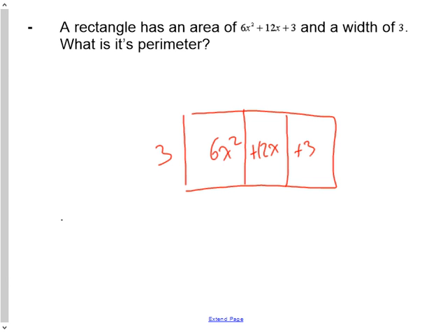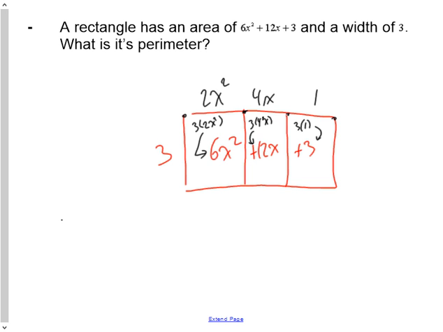If the area was 6x squared plus 12x plus 3 and the side length was 3, that meant that this part from here to here had to be 2x. This part from here to here had to be 4x, or positive 4x. And this part from here to here had to be 1. Because 3 times 2x squared is this, and 3 times 4x is this, and 3 times 1 is this.